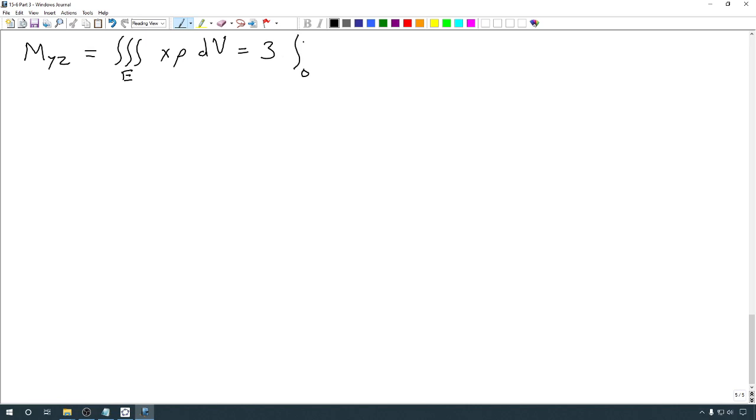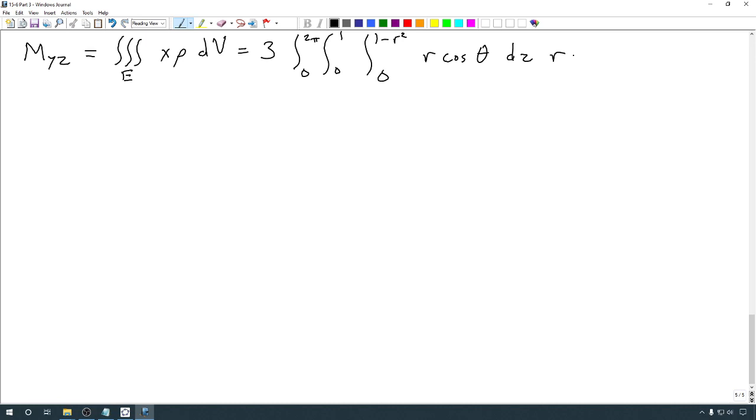We're going to be going from 0 to 2 pi, 0 to 1. Our z values are going to go from 0 to 1 minus r squared. We're going to have an x in here, but remember, x is actually r cosine theta.